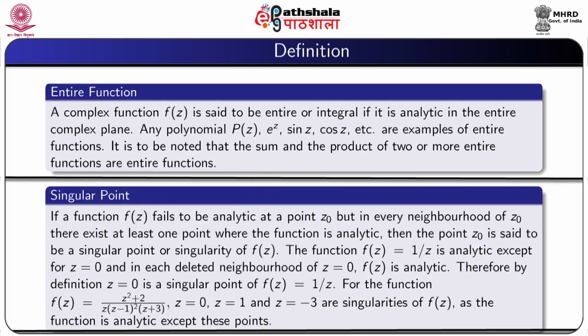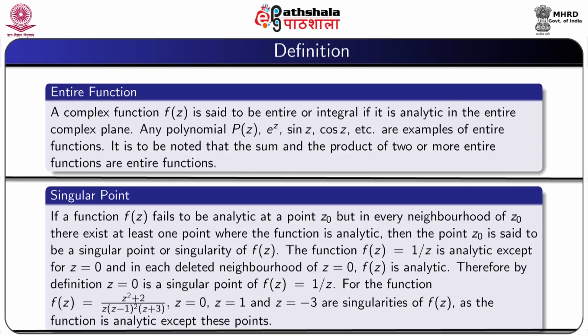So now we discuss what is called singular point. If a function f(z) fails to be analytic at a point z0, but in every neighborhood of z0 there exists at least one point where the function is analytic, then the point z0 is said to be a singular point or singularity of f(z).